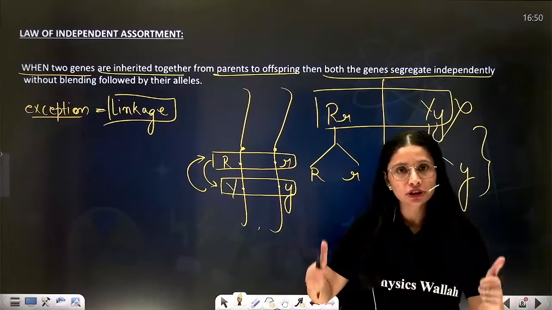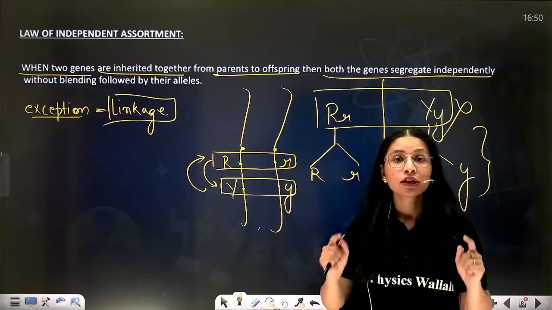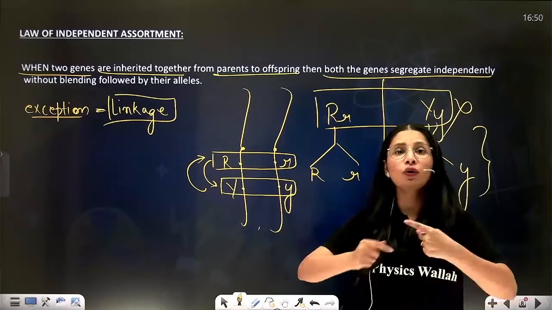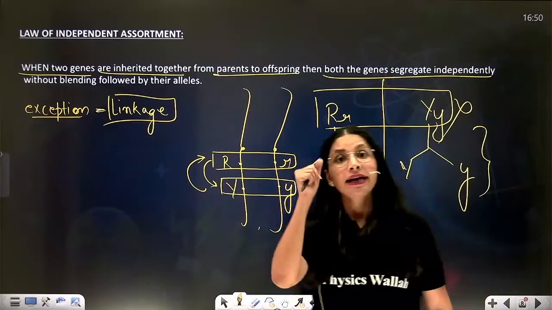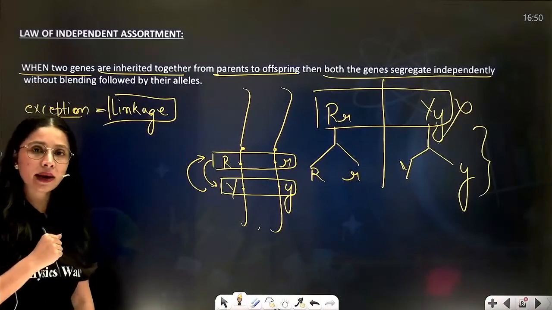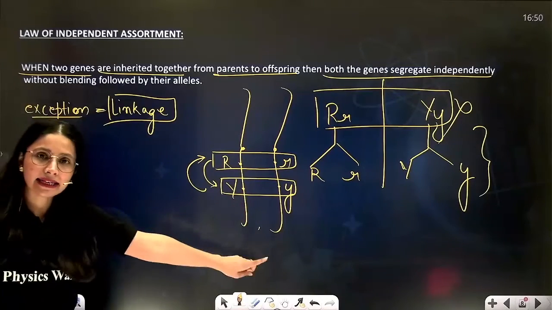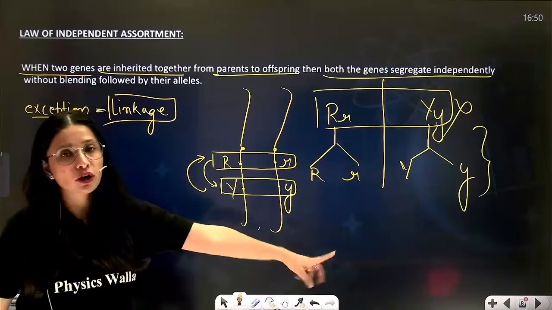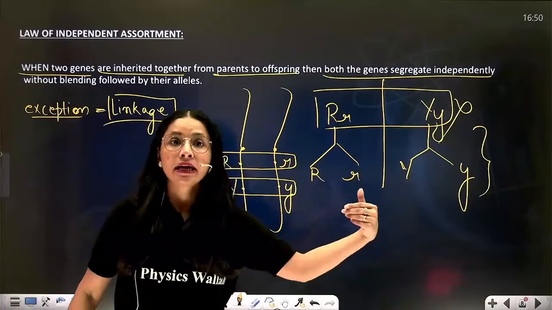Allele segregation is okay, but gene segregation is not okay. They are going to influence each other, and this is known as linkage. Right? So for the time being, I'll keep it till here, simple and short. Details of linkage will be taught as an independent topic, but later on.